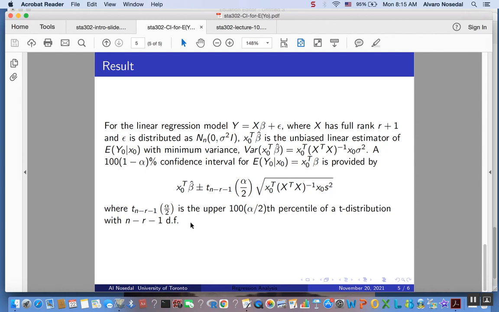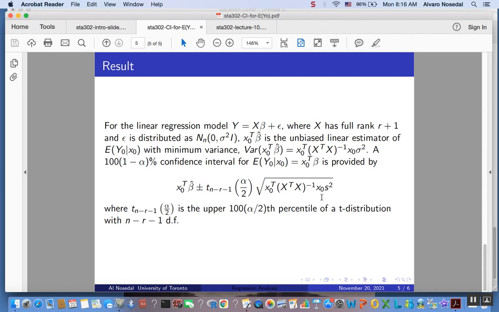Here in our lecture notes, we're using R for the number of regressors, just the number of your predictor variables, but you can see that it's the same.